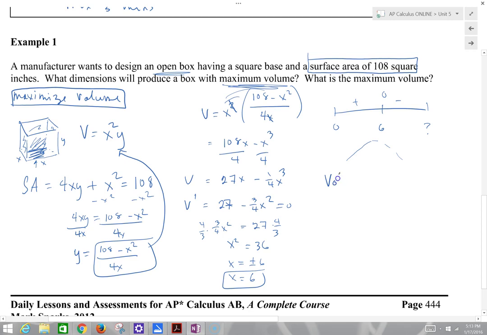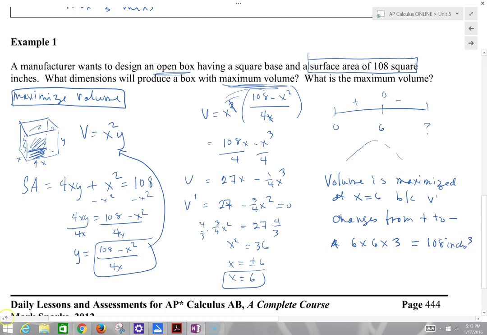So our answer: volume is maximized at x equals 6 because v prime changes from positive to negative. And what is that volume? 6 by 6 by 3 gives us 108 inches cubed.